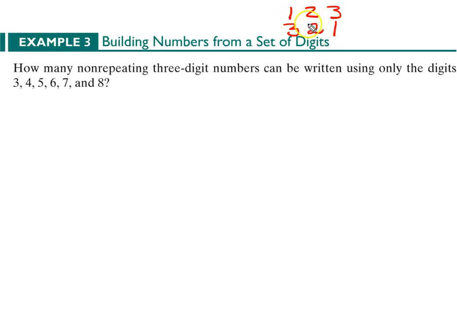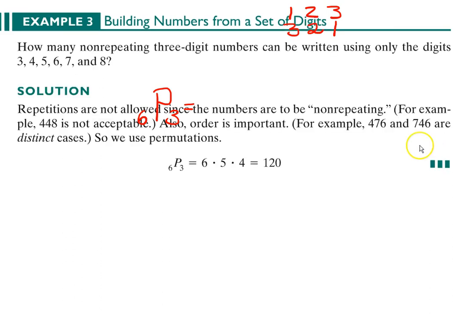So therefore, order is important. So here we would use permutation. And we have 1, 2, 3, 4, 5, 6. 6 is our n value. And we want to select 3. So put that in your calculator and see what you get. And there it is. And there's our answer.